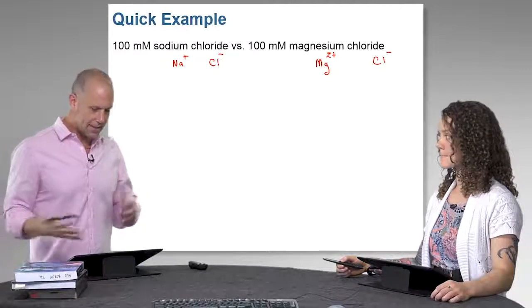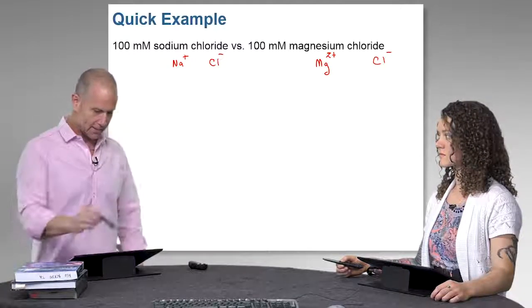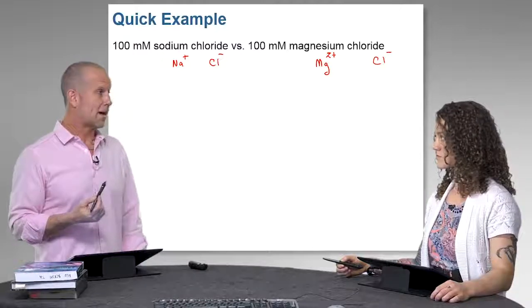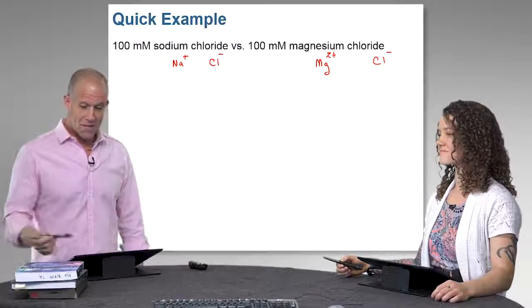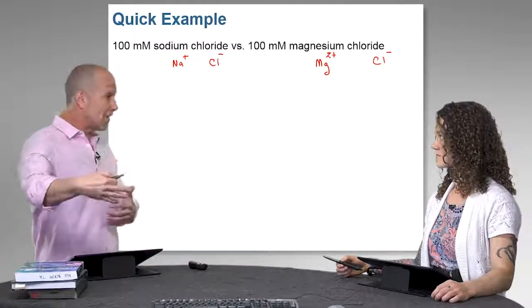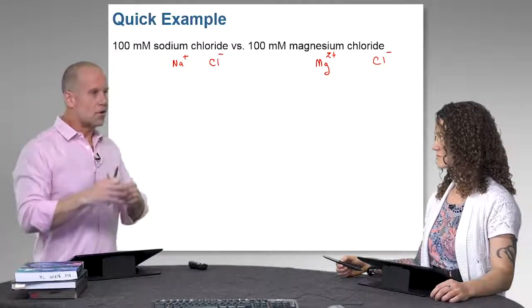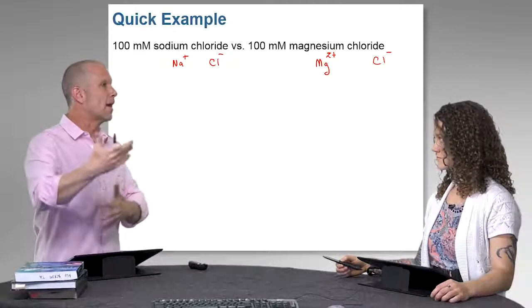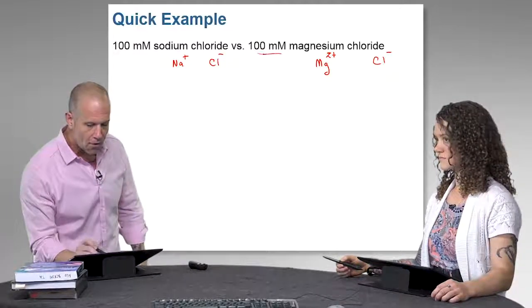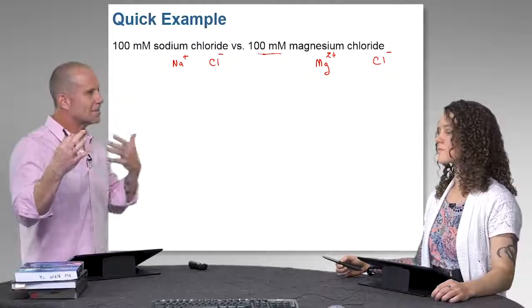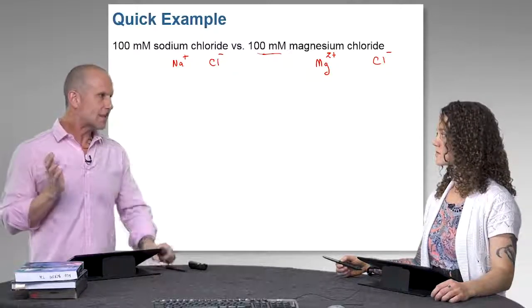I can immediately get from that that the ionic strength of the magnesium chloride is going to be higher. And why do I know that? Because when you start getting divalent cations or anions versus trivalent, the ionic strength keeps going up and up for the same overall concentration of those salts. That's what I immediately remember.